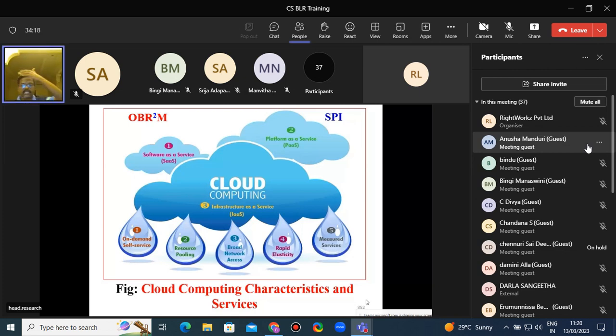Broad network access, anytime, anywhere you can access service. Rapid elasticity means as the number of users increases, the data center capacity also increases. Measured service is nothing but pay and use. So 3 services like software as a service, platform as a service, and infrastructure as a service.